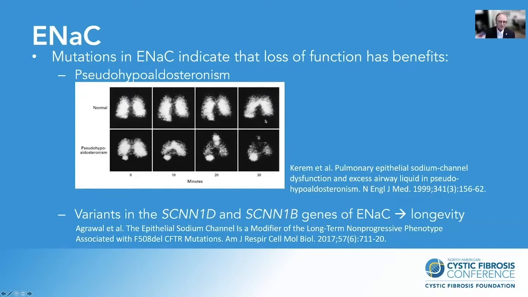Now, these are not cystic fibrosis patients, but we also know that some rare variants in ENaC subunits can actually provide longevity in cystic fibrosis and provide a non-progressive phenotype. Again, these are rare, but indicate that ENaC inhibition can actually help the lung disease in cystic fibrosis.